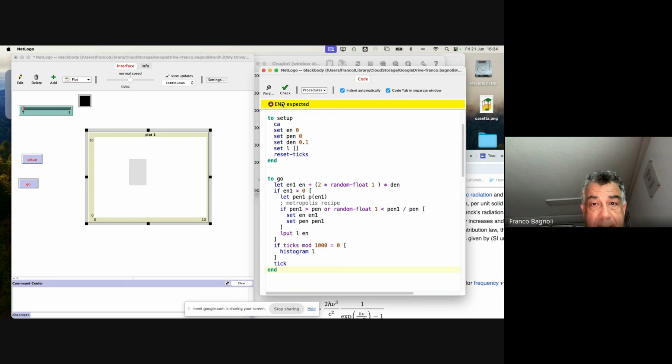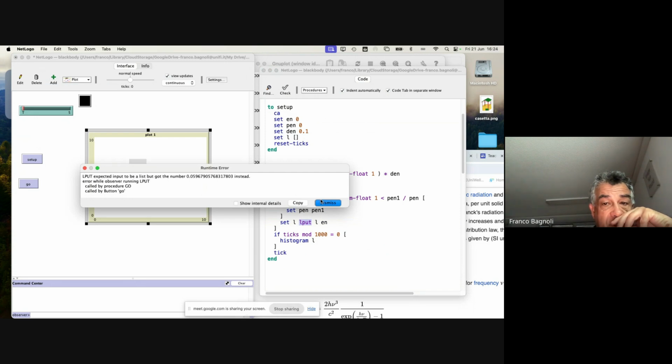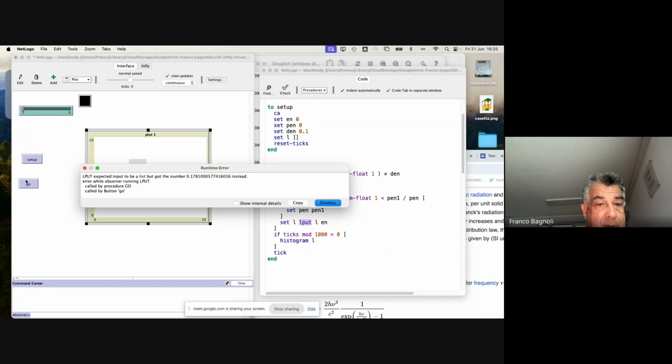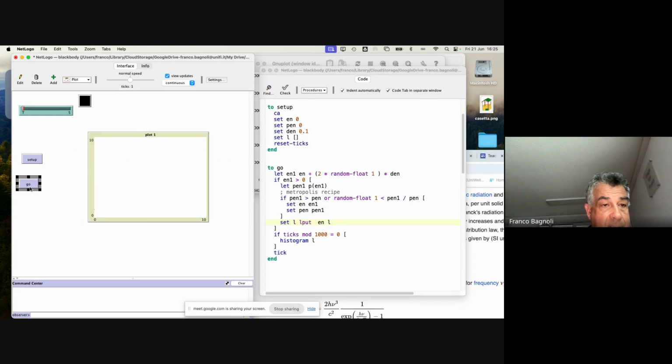I need an end. L put set L put because I cannot alter. Check. Okay. Setup. Go. L put input to be a list. But got setup. Go no. Probably it is the opposite, as always.